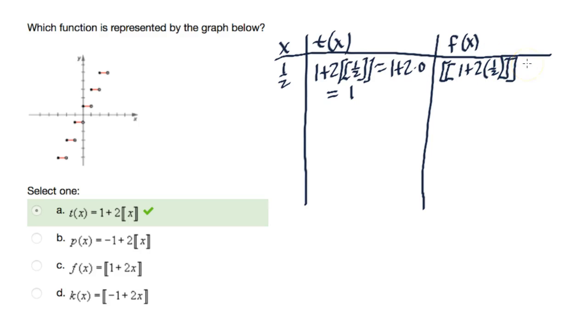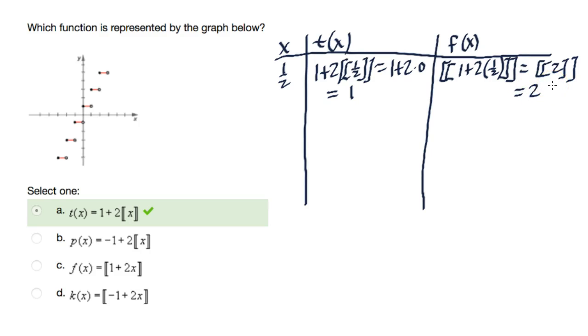As I mentioned before, you want to simplify what's inside the greatest integer function first before you actually apply the greatest integer function. So this gives us the greatest integer function of 1 plus 2 times 1/2, which ends up being just 2. So there's nothing to simplify there. We get the value that we need, which is 2.